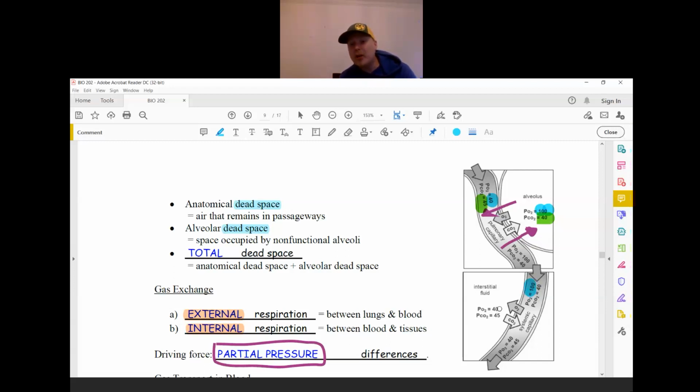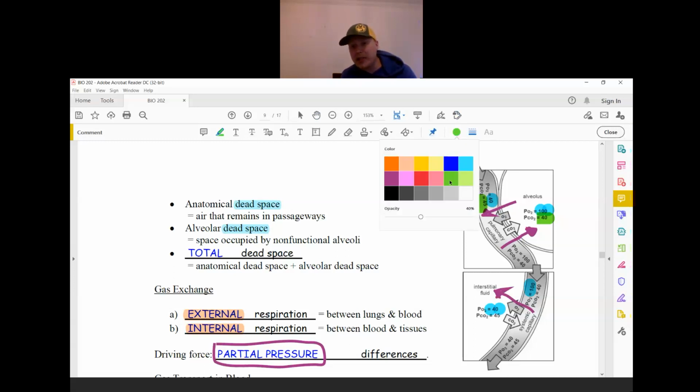But oxygen concentration within the tissues is going to be 40 millimeters of mercury. So for that reason, oxygen is going to be moving from the capillaries of the systemic circulation to the tissues or interstitial fluid.